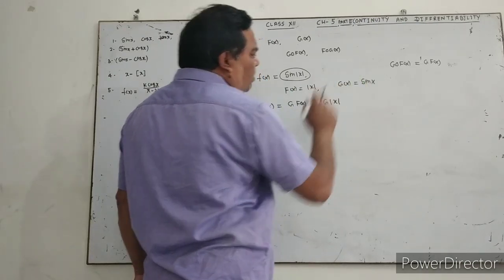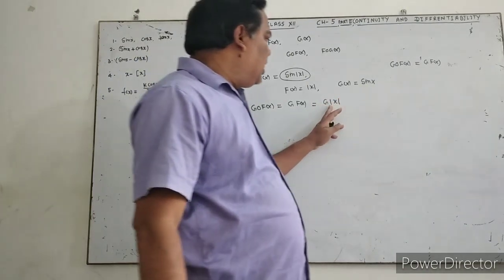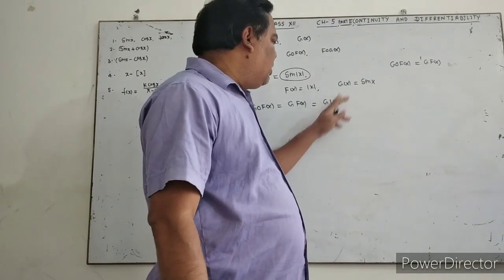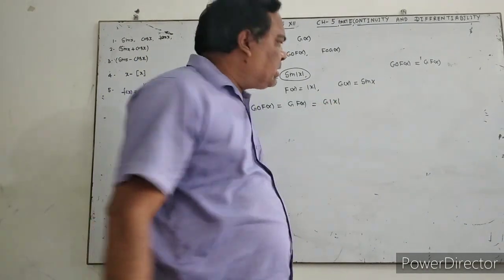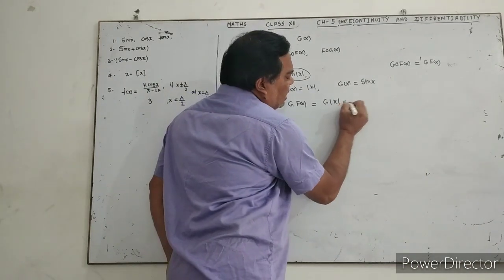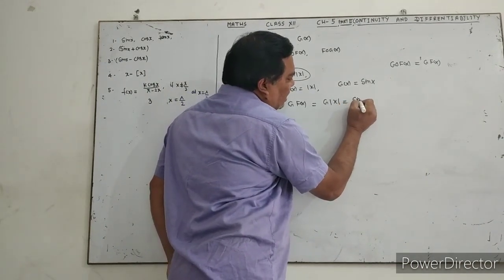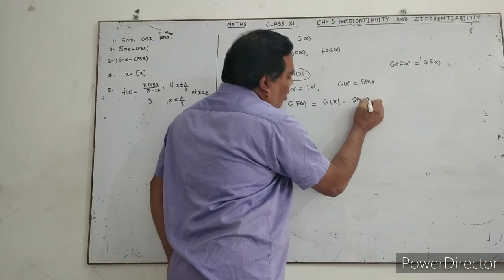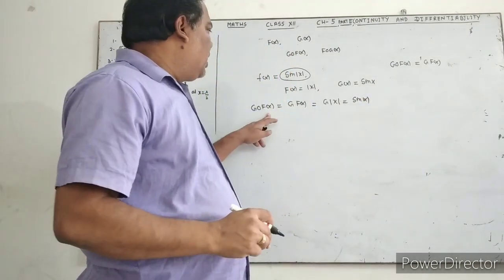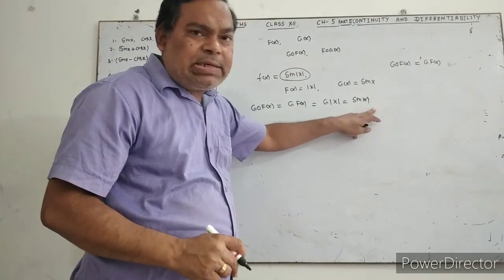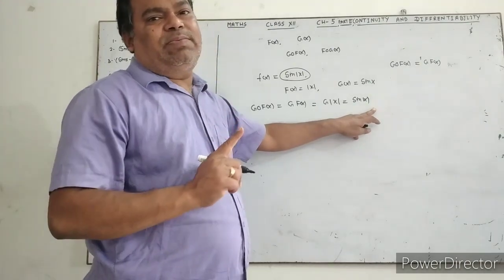Then what is the value of g(x)? g(x) is sin x. In place of the variable, the mod x, so it is sin mod x. So g o f is the composition, and the composition is sin mod x. Then this is also a continuous function.